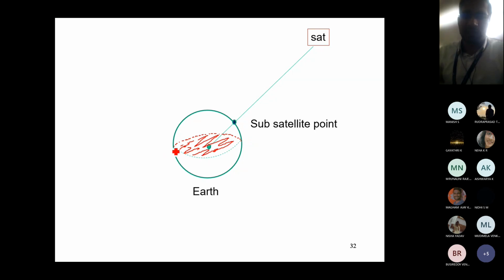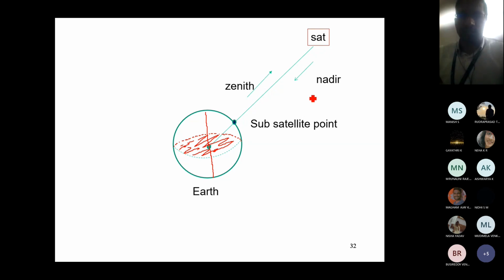The equator has 0° latitude, and towards the north it goes up to 90° north, and towards the south it goes up to 90° south. Similarly, this line represents 0° longitude, which passes through Greenwich, and towards the east you have 180° longitude. Similarly, towards the west you have 180° longitude.